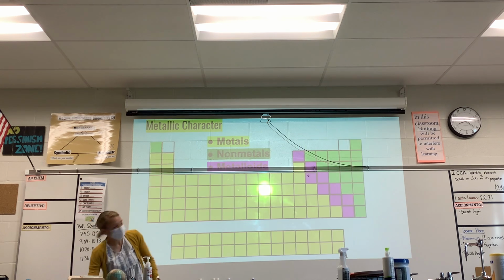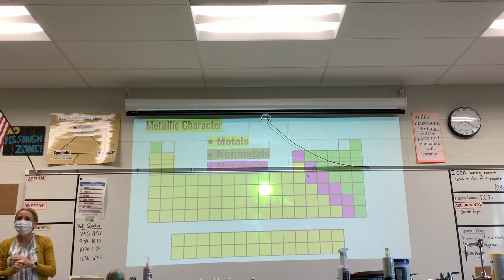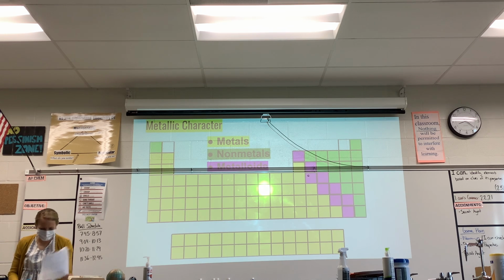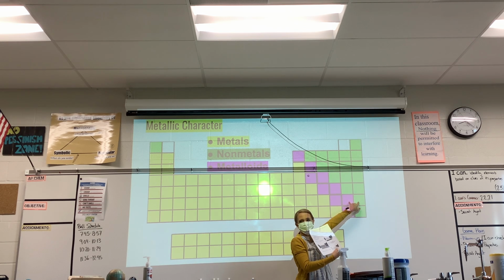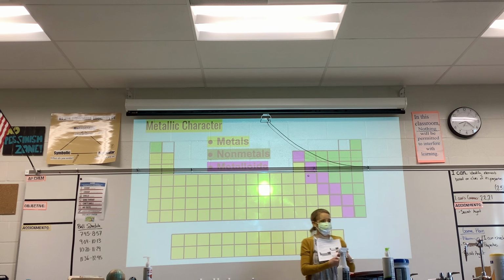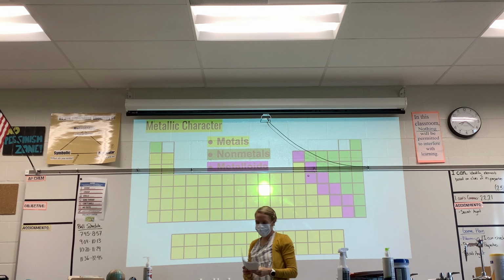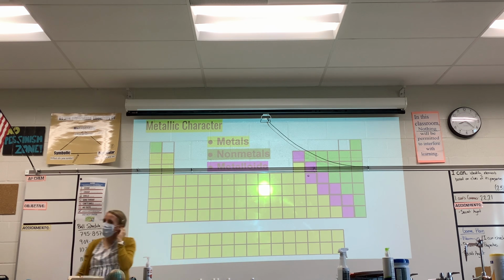Okay, another property we have is metallic character. You want to color in a little bit darker because of the way it printed. Do you see how it should be two different colors on that little one at the very bottom that's blank, but the one side is all the same color. So if you want to darken in the purple squares on this one to remind you. The other way that the periodic table is organized is that from left to right we change in metallic character.